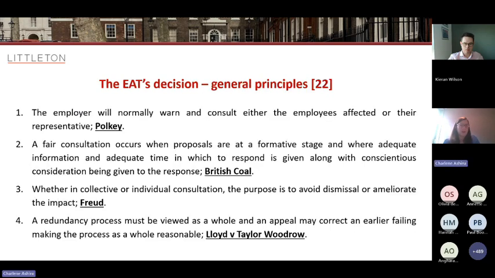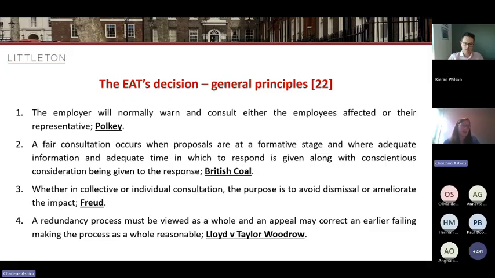Then at paragraph 22, the EAT summarised the key principles applicable to redundancy consultation. So there's a requirement to warn and consult. Consultation must take place at a formative stage where the employee can still influence the outcome.